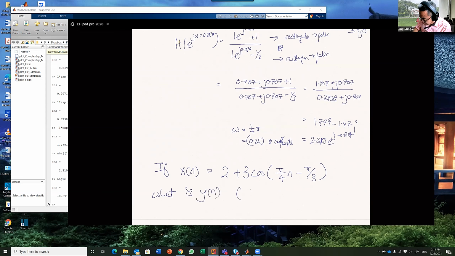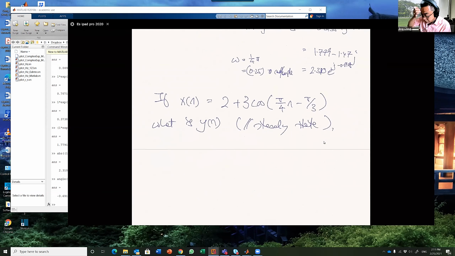And of course, we are assuming it's steady state. How to tackle this question, guys? We observe that x of n, the 2, can also be expressed as 2 times cosine 0n. Agree? What is cosine 0n?